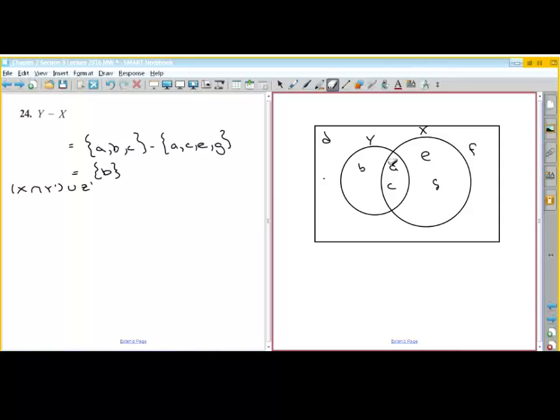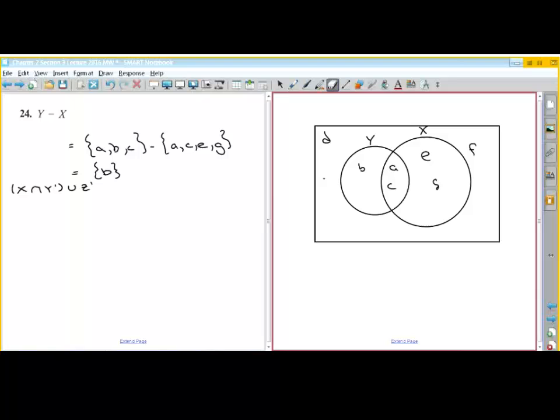We'll talk about this more later. If you wanted to know the intersection of these two sets, it would be the overlap. So the intersection of set X and set Y is going to be the set consisting of the letters A and C. If we said what's the union of these two, we'd say it's A, B, C, D, E, and G. So it's the letters that are in either one set or the other.